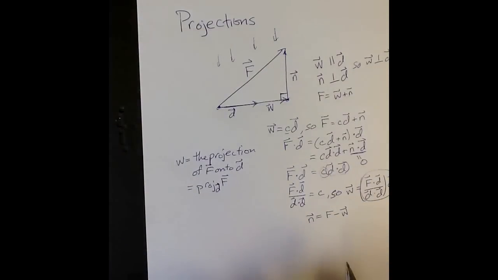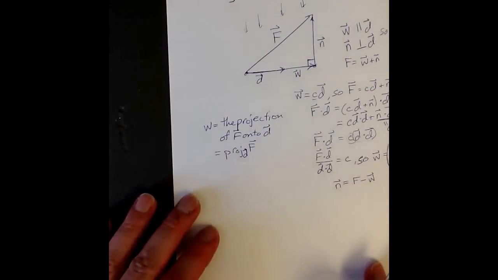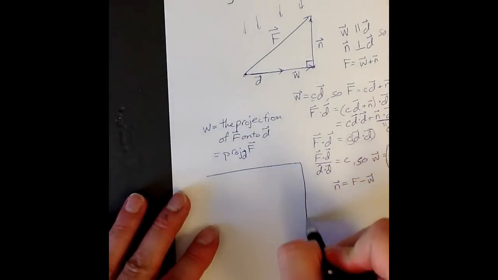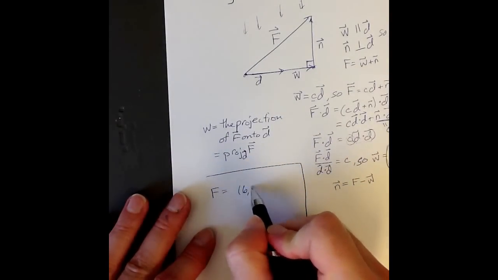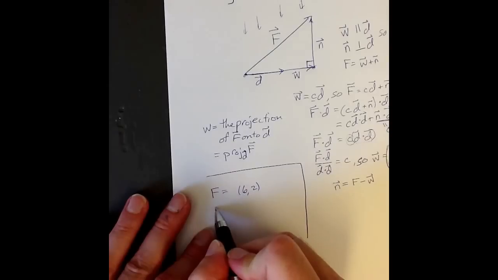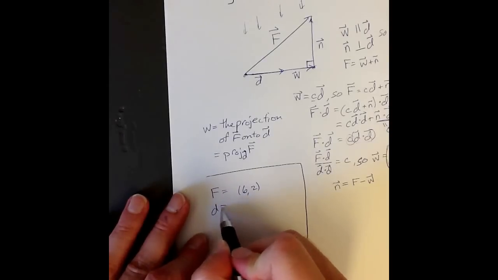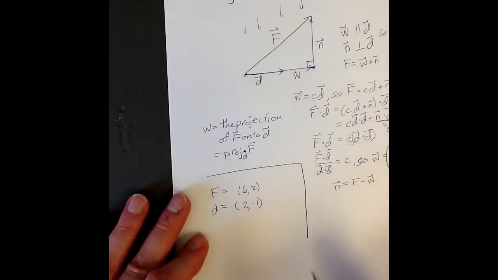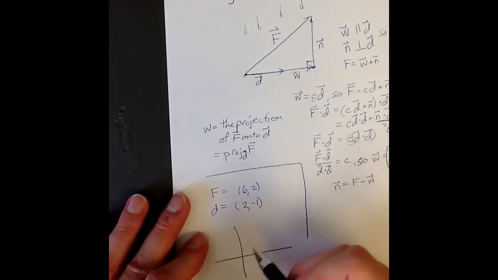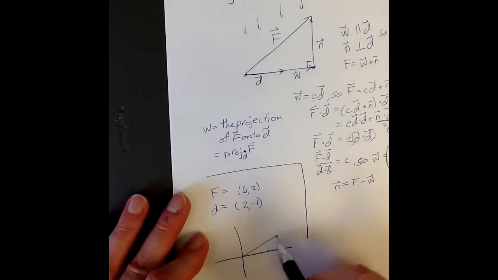Alright, so let's do an example. Let's say f is the vector 6, 2, and d is the vector 2, negative 1. So we have some situation that looks approximately like this. 1, 2, 3, 4, 5, 6. 6, 2, there's f, and d is 2, negative 1.